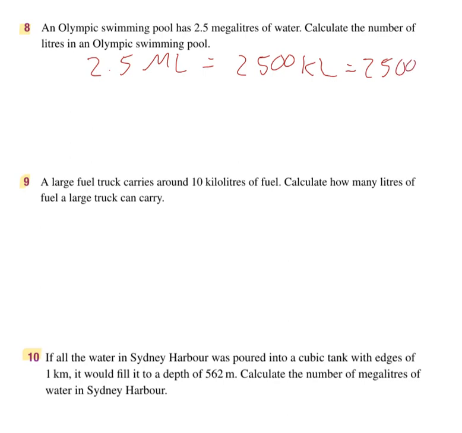You have to move the decimal place across, which gives it another 3 zeros. So 2.5 million litres is what it would be. Now, if you just knew that megalitre to litre, you've got to times by a million, that's 6 zeros. So 1, 2, 3, 4, 5, 6, that's my decimal place there. And that's the exact same answer.